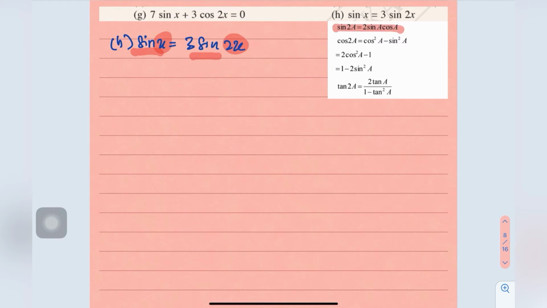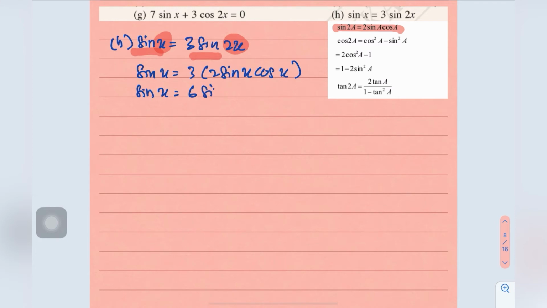You substitute sin 2x equals 2 sin x cos x. So sin x equals 3 times 2 sin x cos x, which is sin x equals 6 sin x cos x. Then we simplify: sin x minus 6 sin x cos x equals 0.